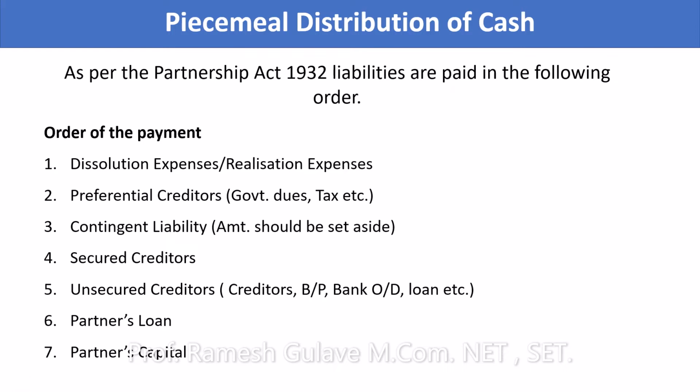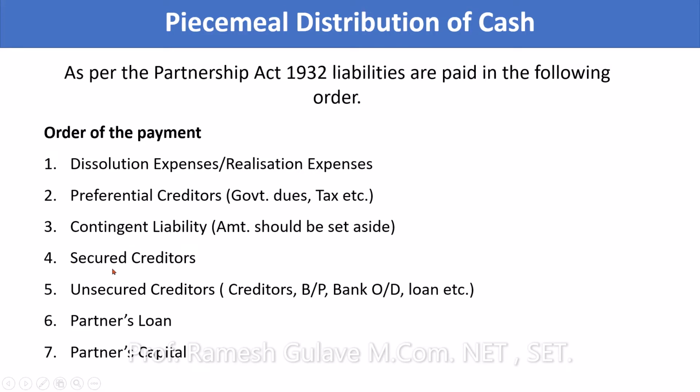So now I hope this concept of contingent liability is clear. In simple words, it is a liability which may or may not arise in the future. But while preparing the statement showing piecemeal distribution of cash, we have to provide for this contingent liability, right?